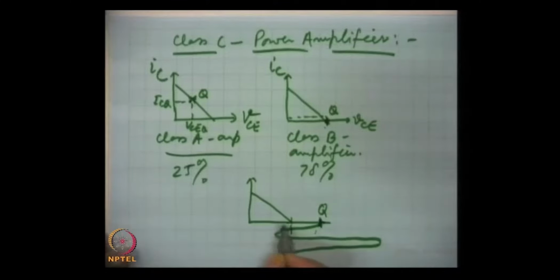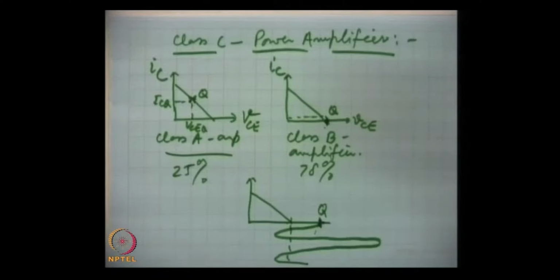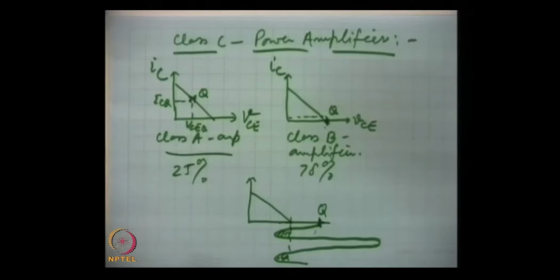For the remaining large part of the input signal, the circuit will be dead, the collector current will be 0. It will occur only for these pulses which come in the active region. A transistor conducts only when it is operating in the active region. So, this is class C operation, and now we talk about various features of class C operation.